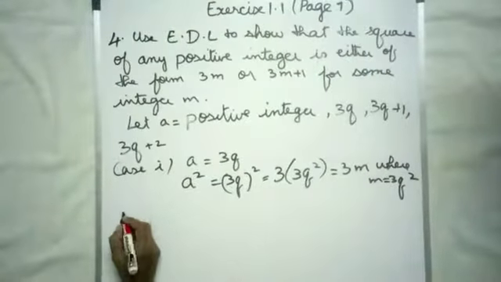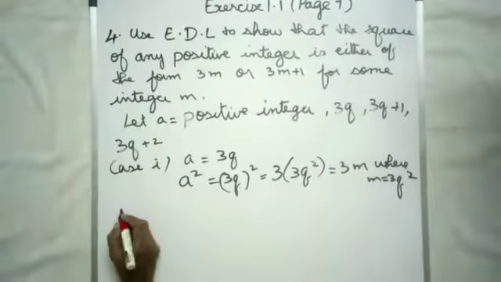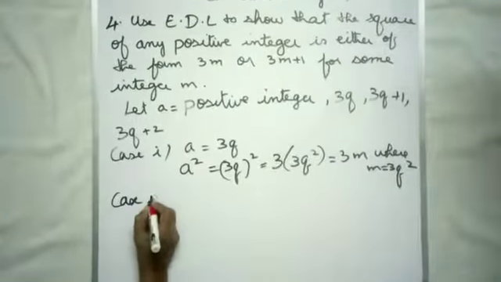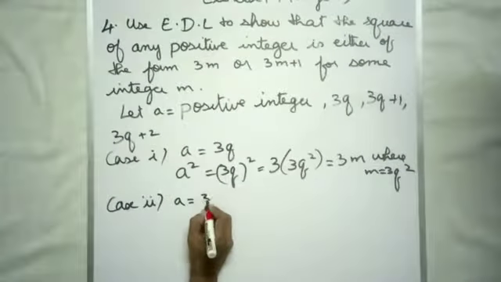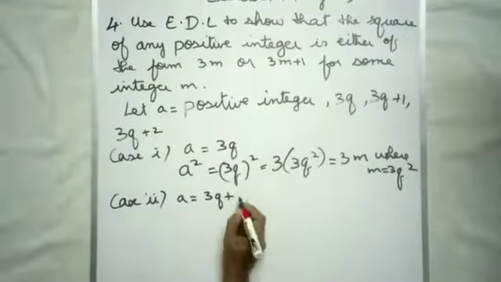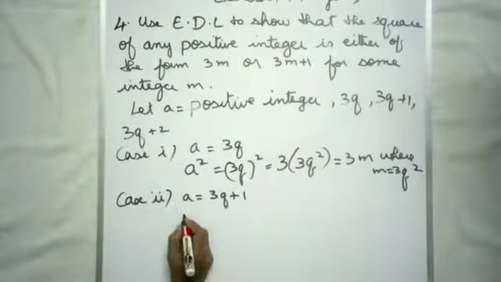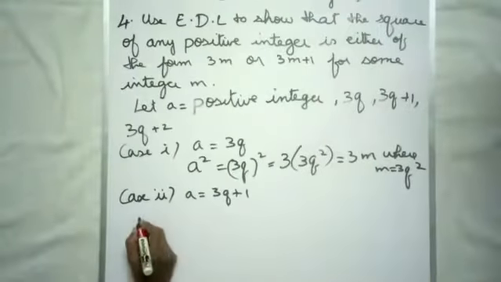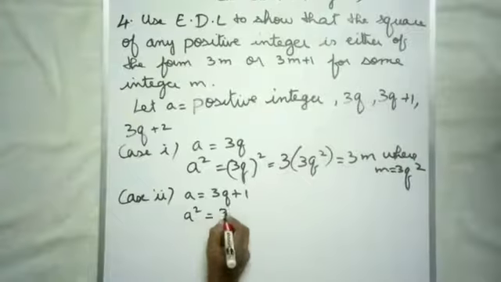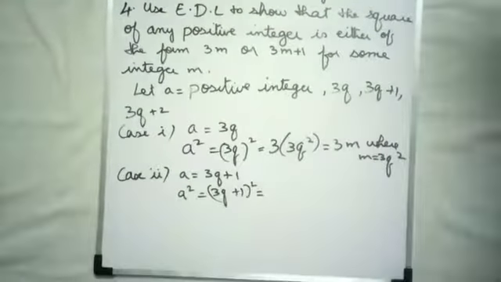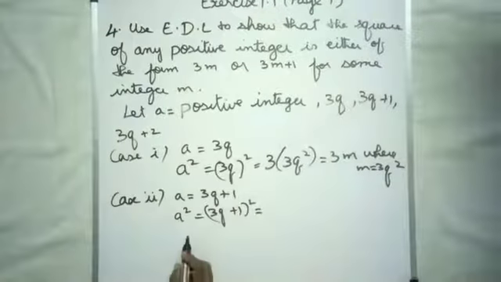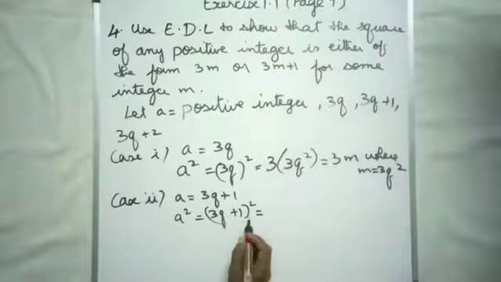Now, let us consider the next case, case 2. The positive integer A is of the form 3q plus 1. Let us square on both sides. So, A square is equal to 3q plus 1 the whole square.